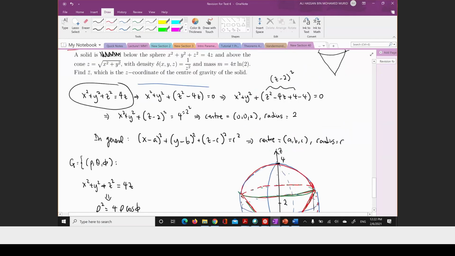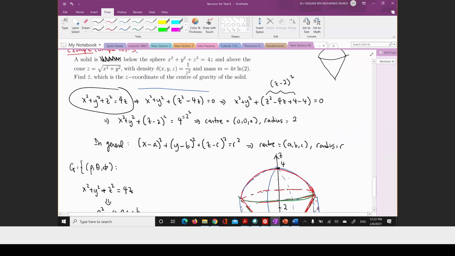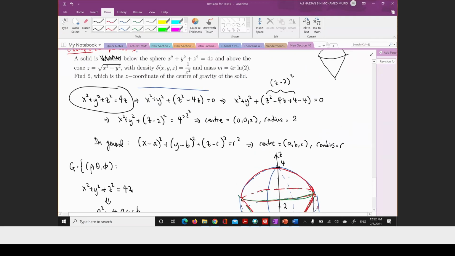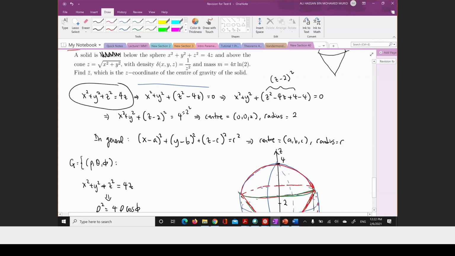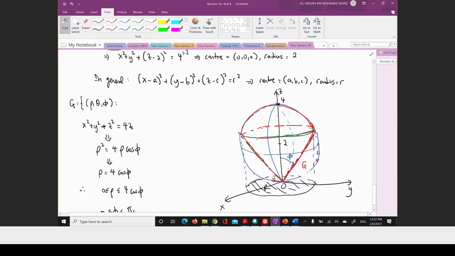What is it that we want to find? Mass is already given, the z coordinate. Delta is 1 over z squared.